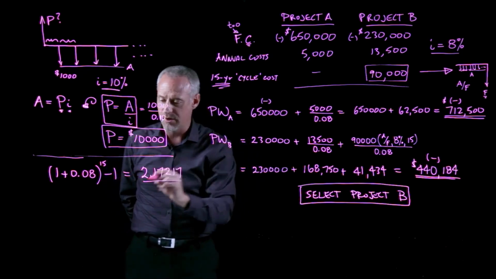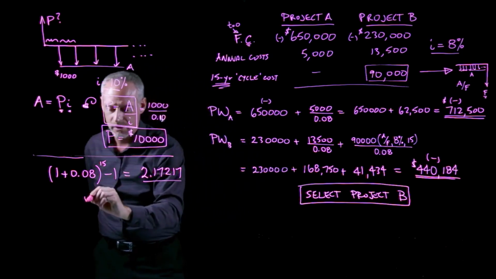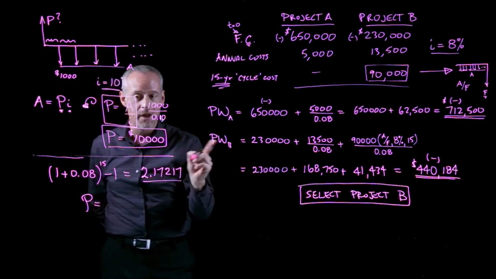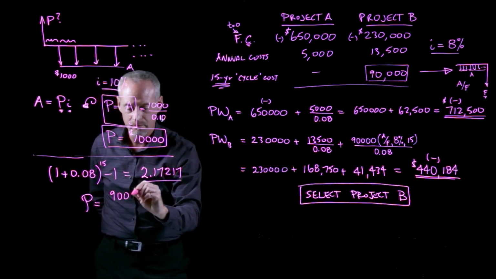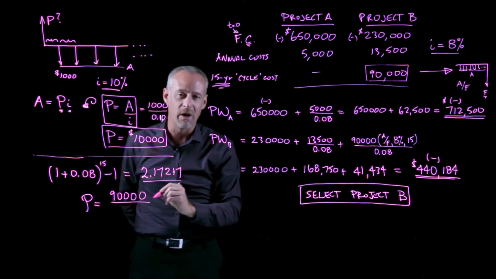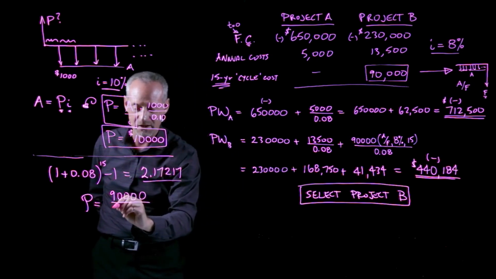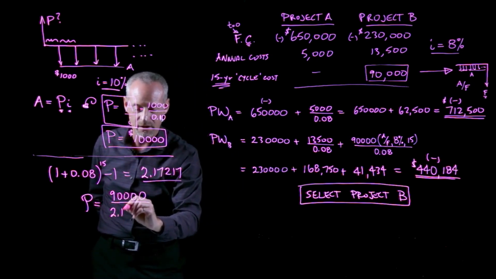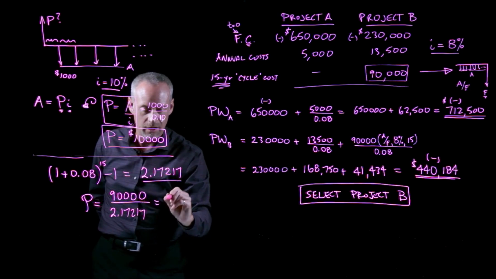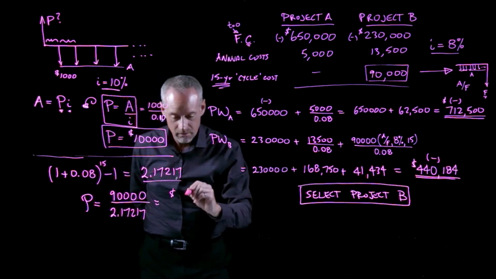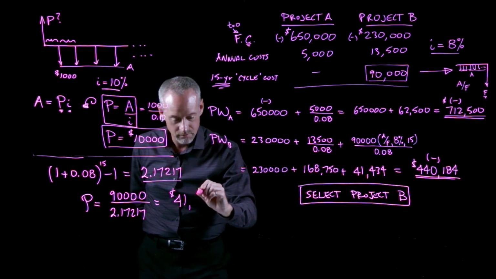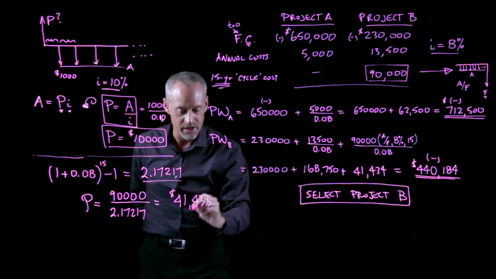So if I calculate using this formula, the present worth of the $90,000 annuity, now dividing by the effective 15-year interest rate, I get $41,433.